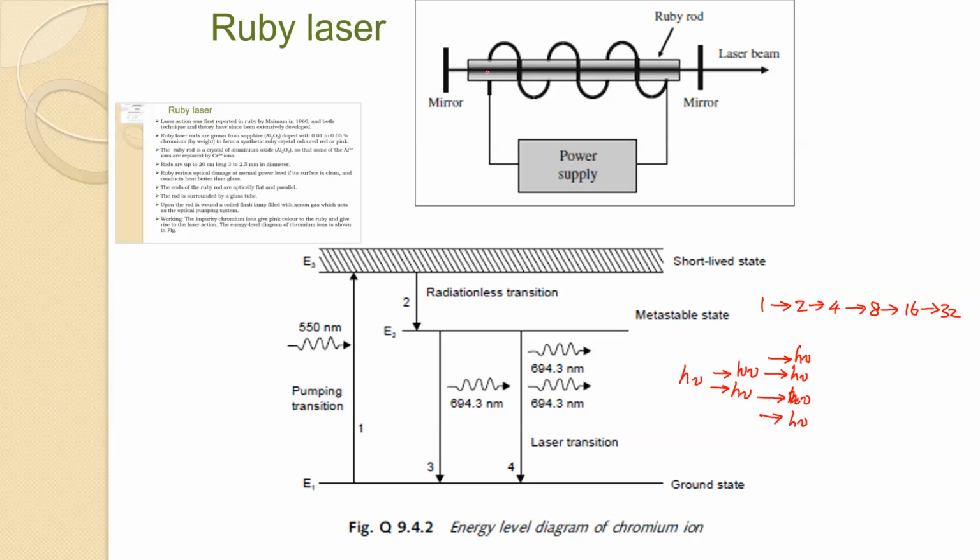We know that if the number of photons increases, the intensity of light increases. Then an intense beam will emerge through the partially silvered mirror. It will give us the output. Okay, this is the working principle.